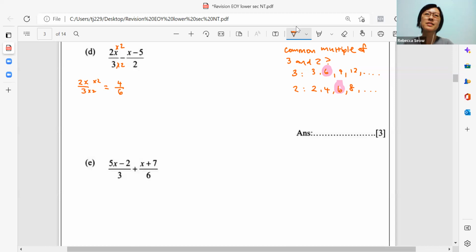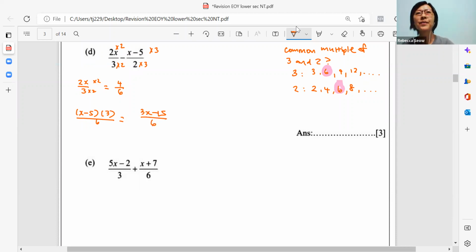Now what about this second fraction? Second fraction, to make the denominator 6, we multiply both sides by 3. So when we take x minus 5 multiplied by 3 over 6, we end up as 3x minus 15 over 6.